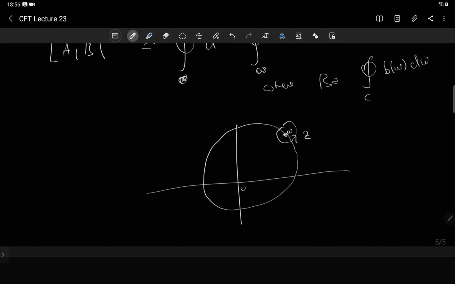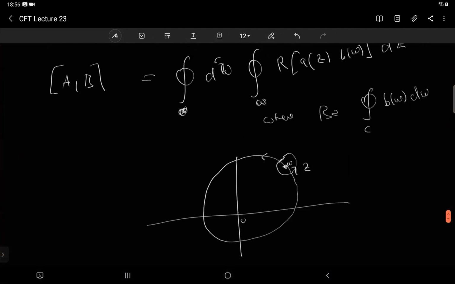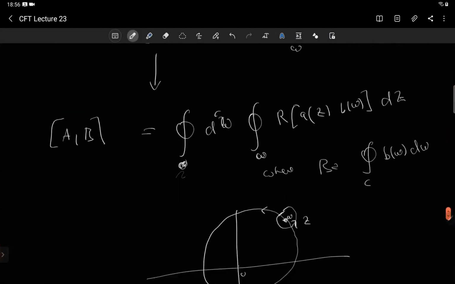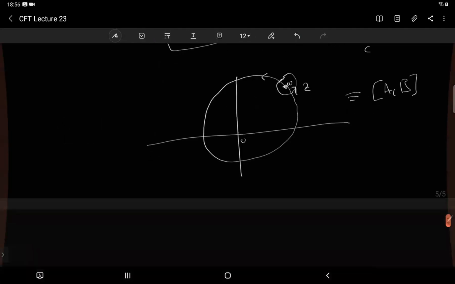So I do this z integral first, and then I do the omega integral. So it keeps changing the omega point along a circle of some constant radius around the origin. So this double integral is this object, and this therefore is what we are calling A comma B.